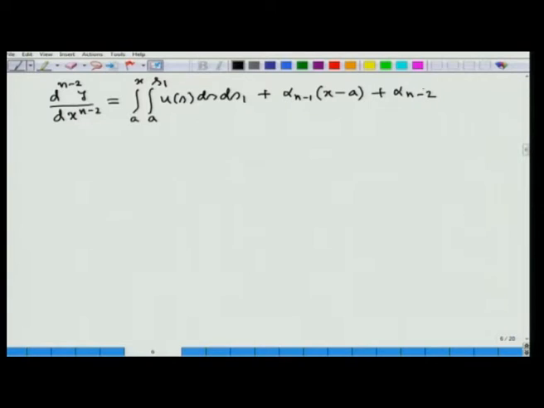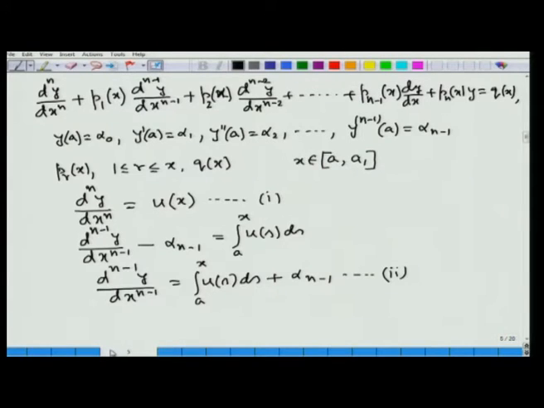Remember this alpha n minus 2 comes from the left hand side, and applying the formula we find this is equal to the integral from a to x of (x minus s) u(s) ds plus alpha n minus 1 (x minus a) plus alpha n minus 2, call it 3, because the last equation was 2.